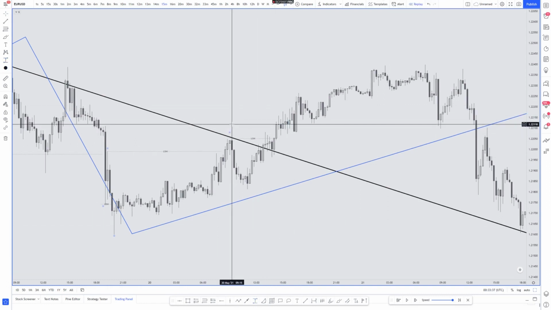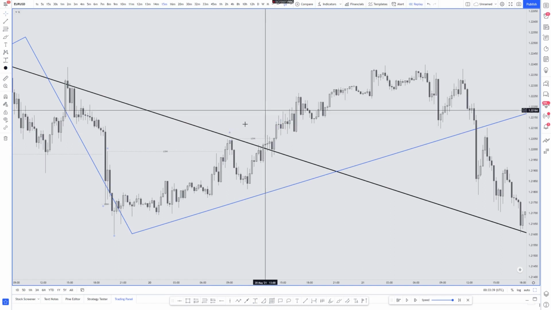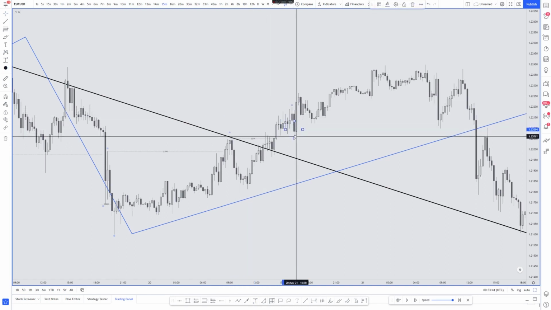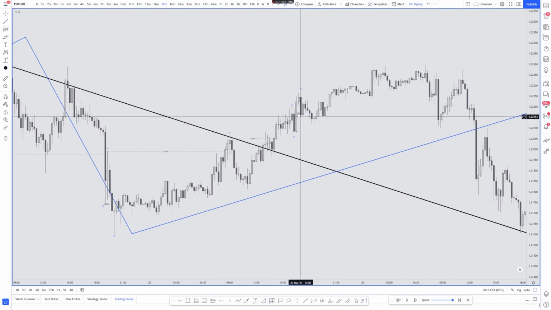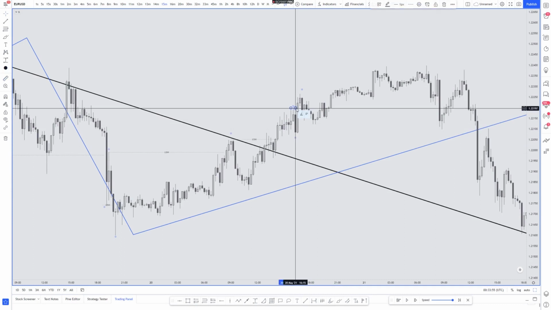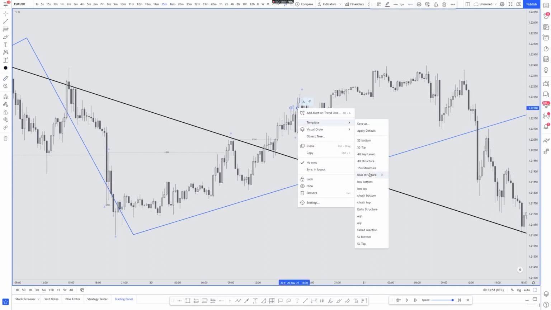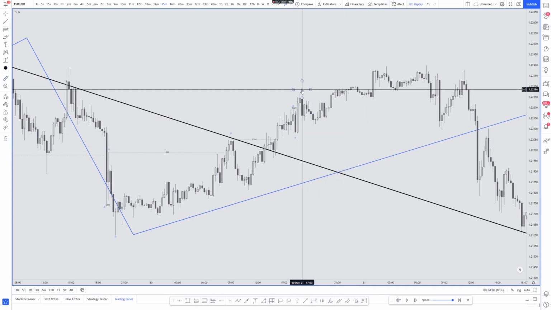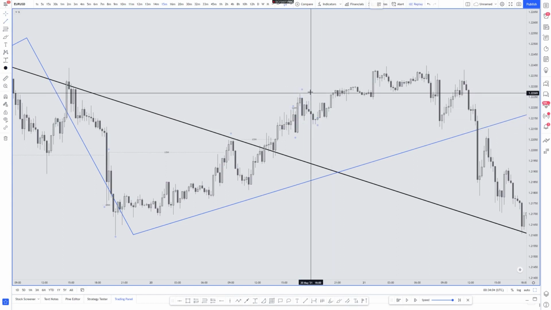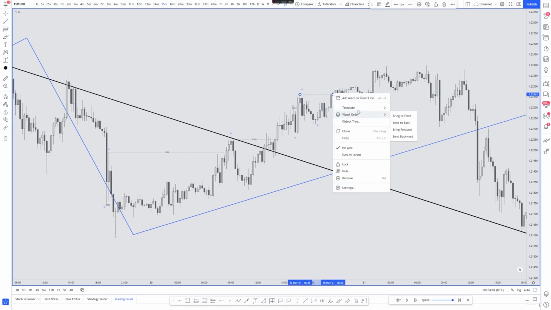It's borderline. We can class it as structure. Again, not my favorite structure point, but it's something. So as this high goes, we have another structure point. And we have a pullback. And here we've once again created a new bullish structure.